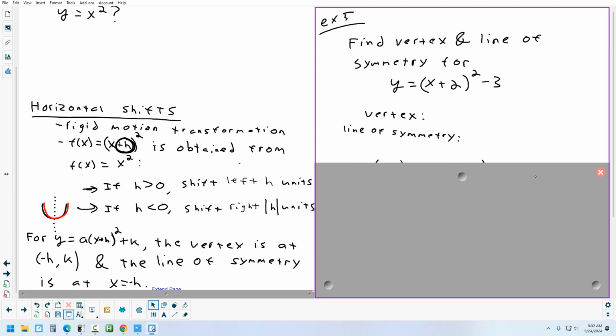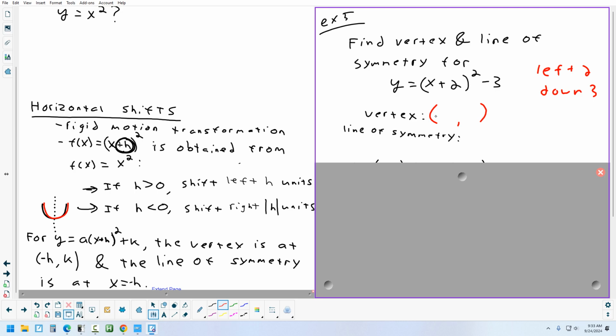Plus 2. Which way is that going to move everything? That's going to go left 2. So what I do is just write that down off to the side. Left 2. And what about the minus 3? Down 3. So think of where the vertex would normally be. It would have been at the origin. If you start at the origin and you go left 2 and down 3, what coordinate would you be at?